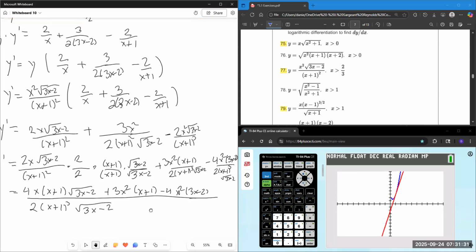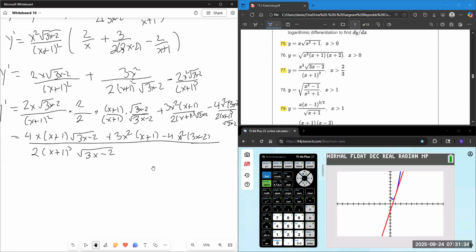So I see this is, this should be 3x minus 2, because I already had a root 3x minus 2 and another root 3x minus 2 is 3x minus 2.